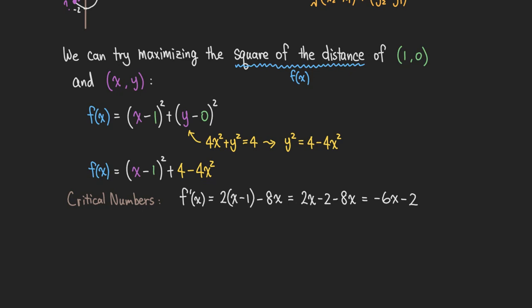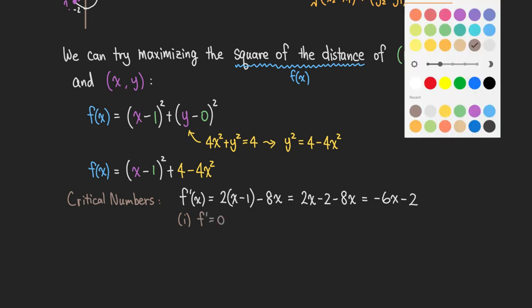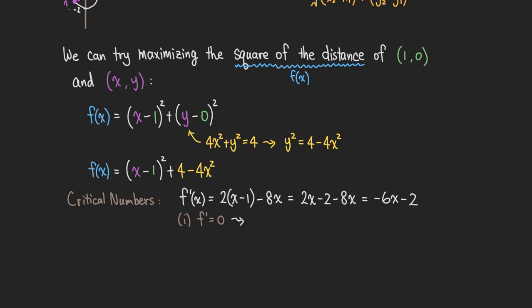So that's simple, right? And now, because we're finding critical numbers, first case is that we set f prime equal to 0 and try to see whether that will yield a critical number for us. So we get negative 6x minus 2 is equal to 0. And of course, that will yield a critical number, which is x equals negative 1 over 3.